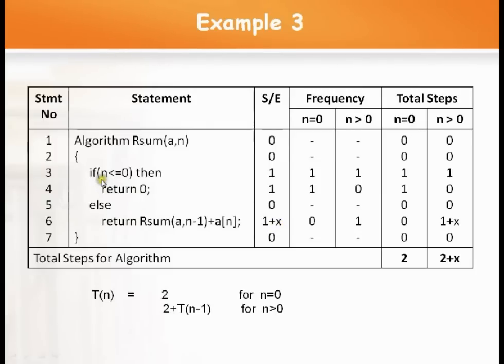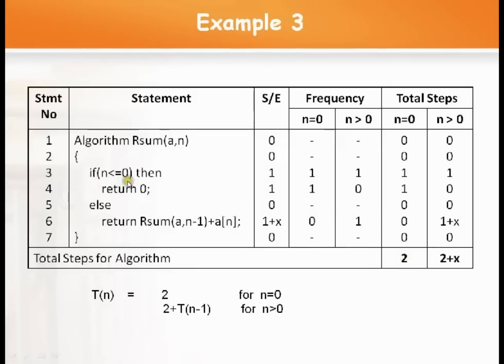Here there are two cases: n is 0 or n is greater than 0. Now consider the case where n is equal to 0. This condition is verified, so it is executed once. As the condition is true, it returns 0 and the other statement is not executed. Hence, the total number of steps required when n is equal to 0 is 2.